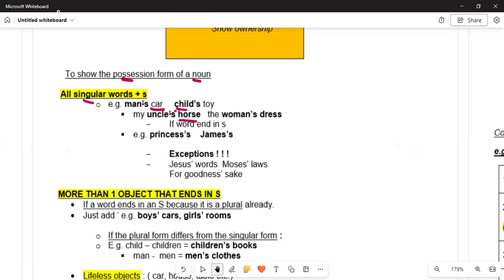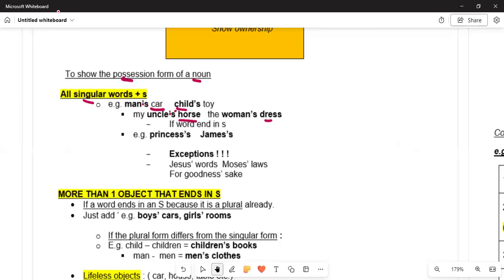We go on to the other example: the woman's dress. It means the dress belongs to the woman. So the use of the apostrophe and the additional S simplifies showing that this particular item belongs to the woman.